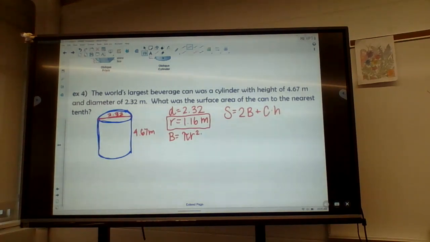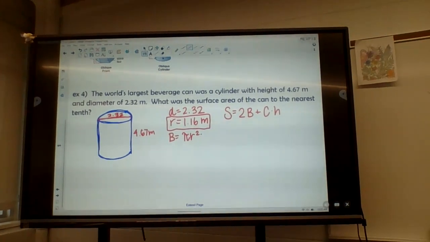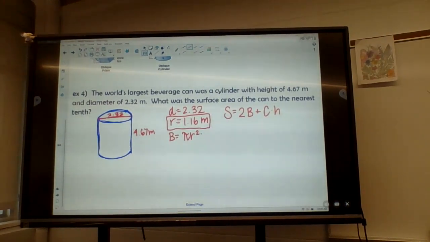It says to the nearest 10th, but that's at the very end of the problem. So I'm going to work with more decimals rather than less. And for pi, please use the pi symbol, don't use 3.14. So I get for my area of my base 4.227. You might say, they said to round to the tenths, but that's not till the very end.